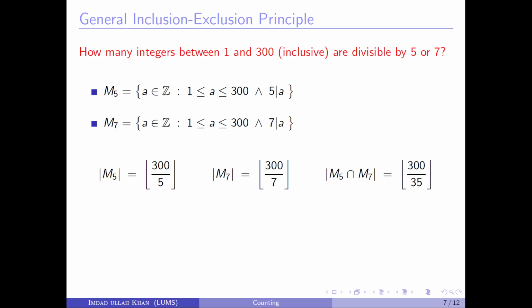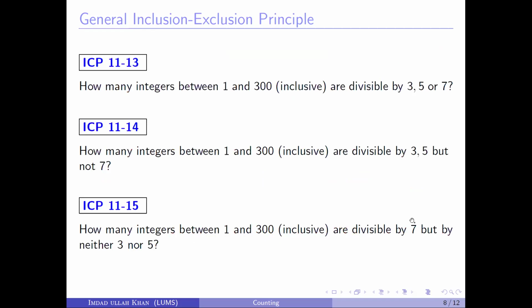If an integer is a multiple of 5 and 7 at the same time, that means that integer is a multiple of 35. That's why we divided by 35. Now we know those 3 cardinalities, we plug them into our inclusion-exclusion principle, which defines the cardinality of M5 union M7. So we plug in the answers and we'll be able to find the solution.